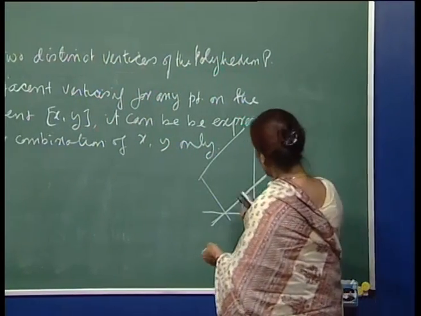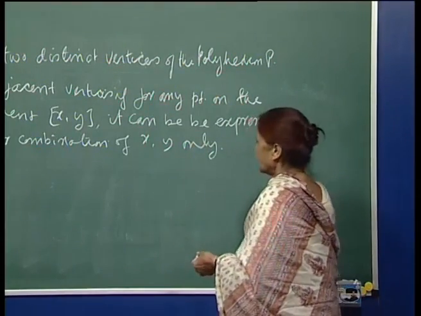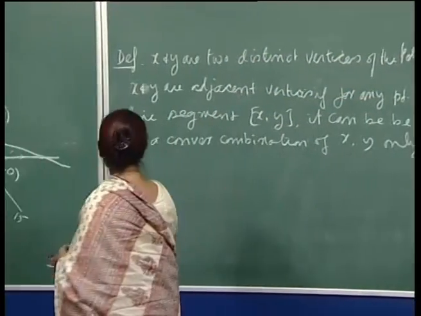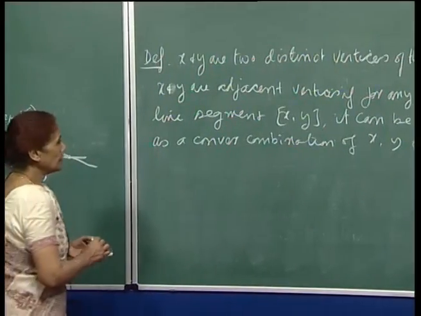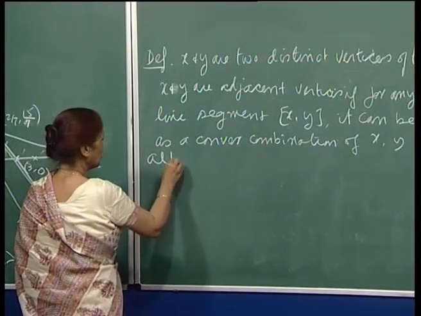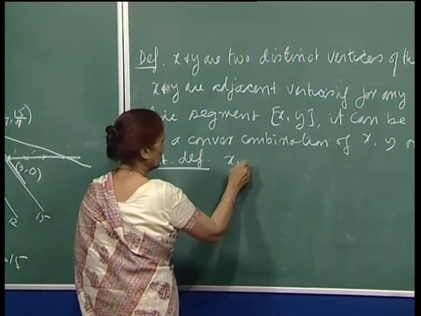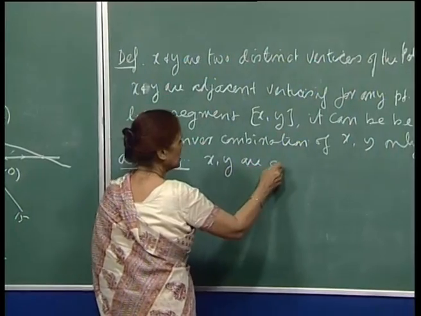So, here also you can look at it this way, that to define two extreme points to be adjacent, we say that, alternate definition, x and y are adjacent.